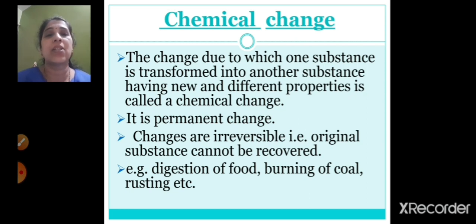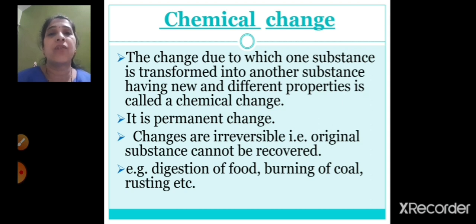From one substance you get a new substance, right? Another substance is formed which is a new substance, and there are different properties in that new substance, and that change will be permanent only, right? Like in physical change it was temporary, but in chemical it is permanent. You cannot reverse it back. It is also irreversible. You cannot bring it back to the original form.